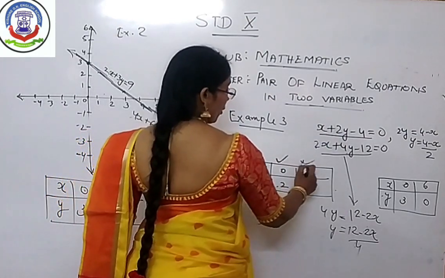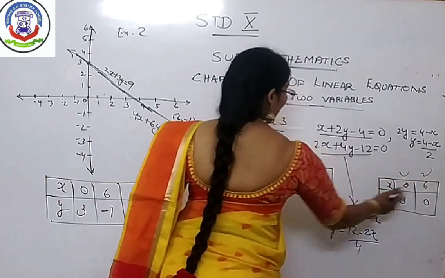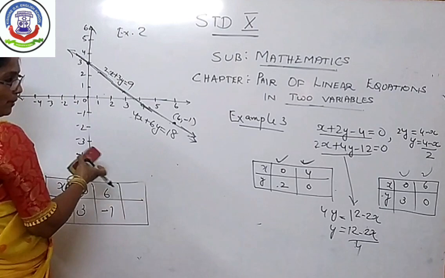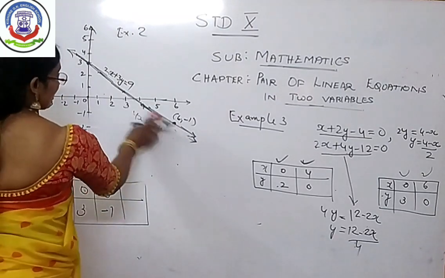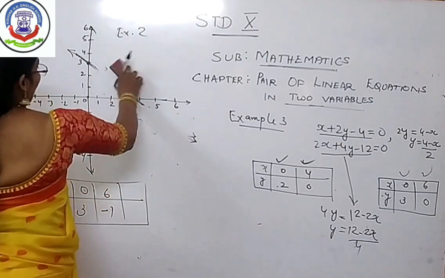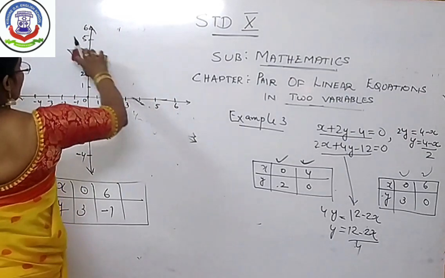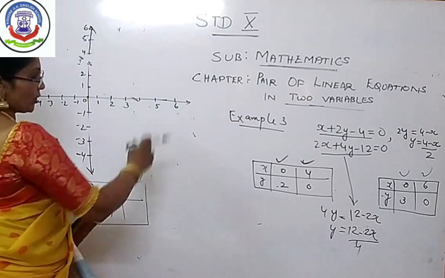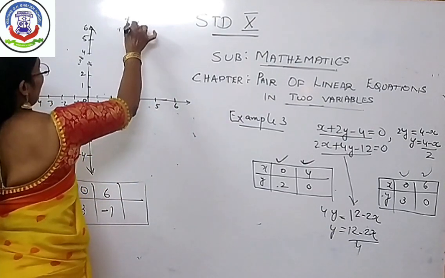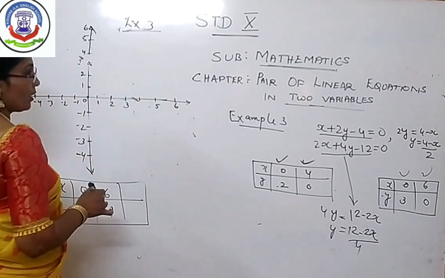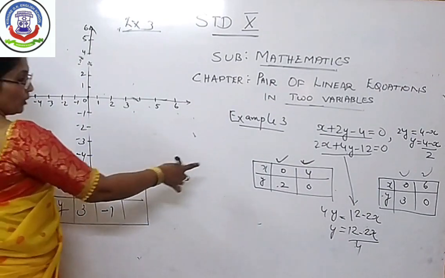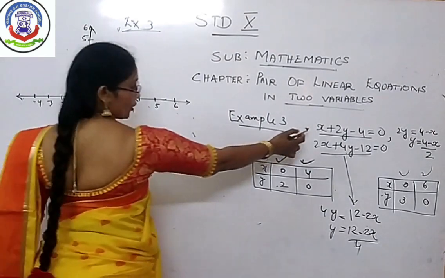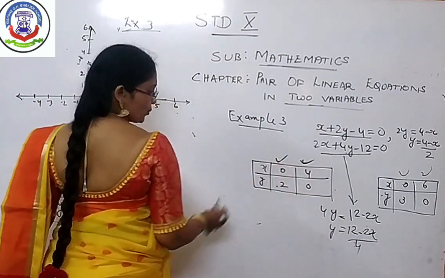That means you have to plot these points, your coordinates, in the Cartesian coordinate plane. You already understood this in the previous example we have done. Now the next step is to accommodate these two equations in the same example number 3. The coordinate (0, 2) is for the first equation, x plus 2y minus 4 equal to 0.